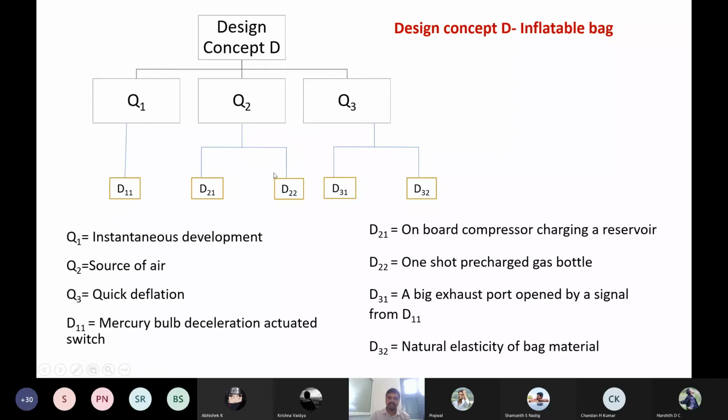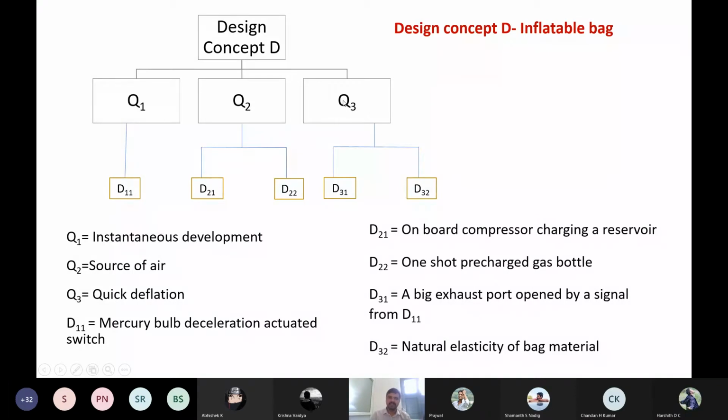Need not worry, this is given in the problem itself. So for this case, design concept D is the inflatable bag. This design concept D is divided into three parts: Q1, Q2 and Q3. These are the three parts of the airbag system or inflatable bag system.